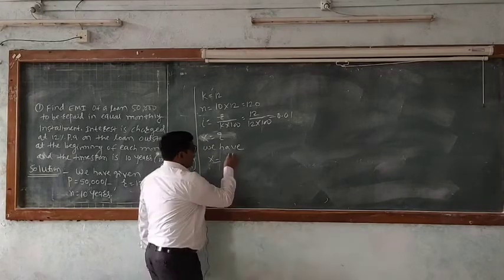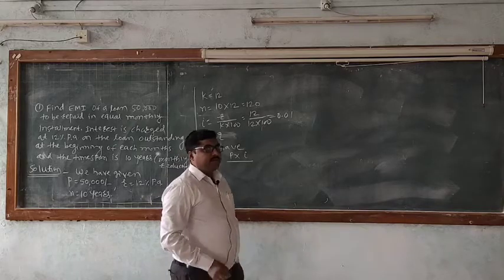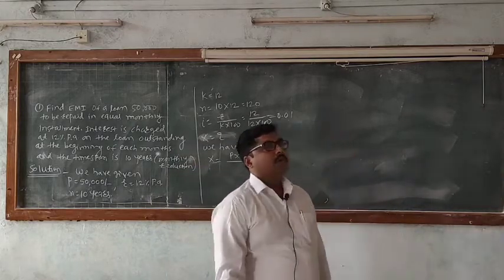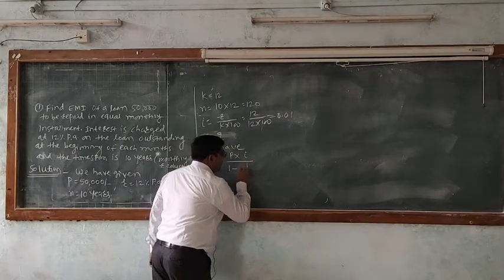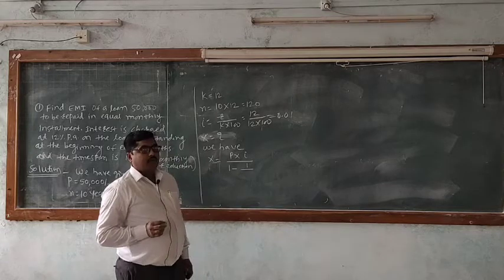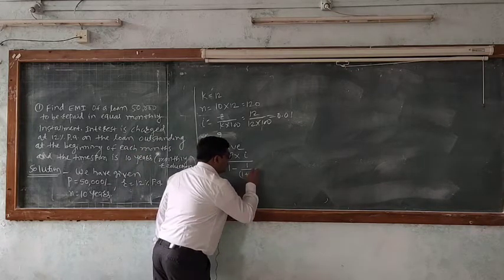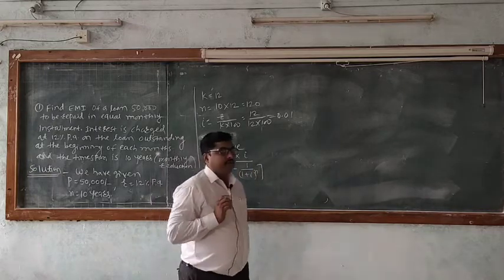P into I upon 1 minus 1 upon 1 plus I raised to power n. This is your formula, right?